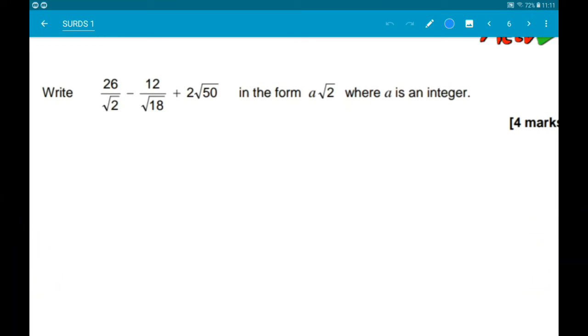Next up, write 26 over root 2 minus 12 over root 18 add 2 root 50 in the form a root 2, where a is an integer. Okay, so deal with each part separately. So, first up, 26 over root 2.